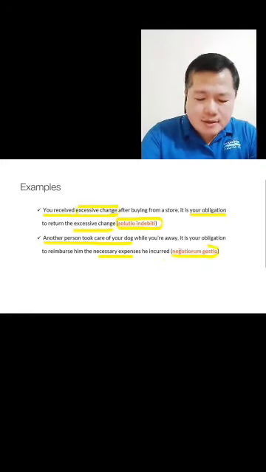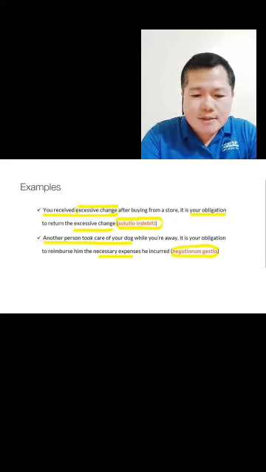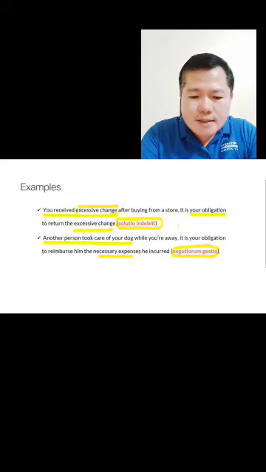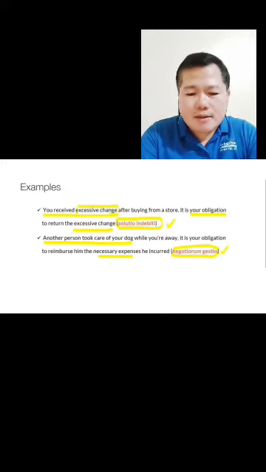Under this principle pa rin, that no one shall be unjustly enriched at the expense of another. That is the core principle of this quasi-contract. Aside from this, meron pang ibang quasi-contracts, but we have to tackle that in the next video na lang.